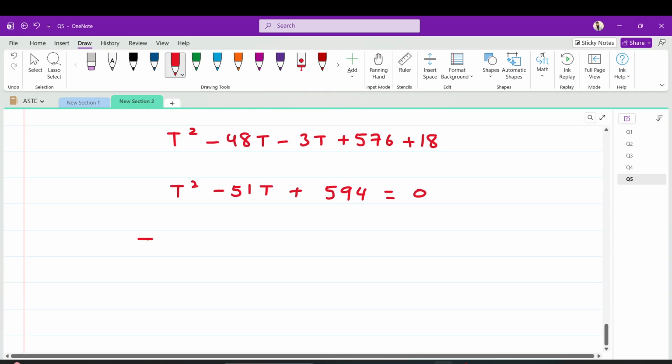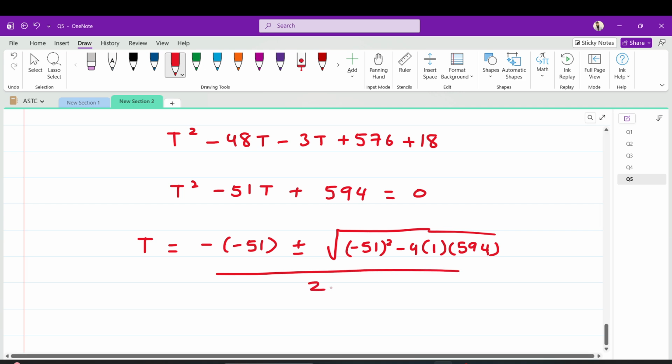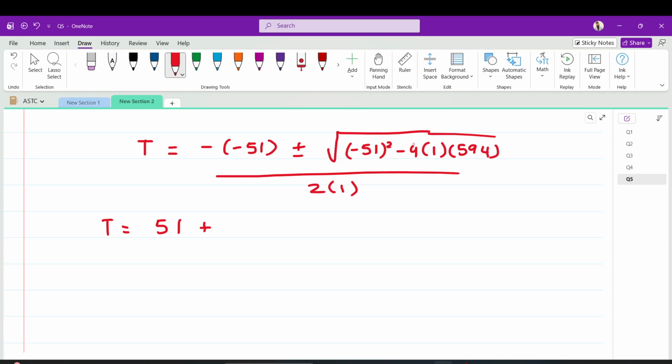So now this is a quadratic equation, so we are going to use the quadratic formula. t equals 51 plus or minus the square root of minus 51 whole squared minus 4ac, over 2. So I'm going to work out the square root part. 51 squared minus 4 times 594 gives me an exact answer of 15.